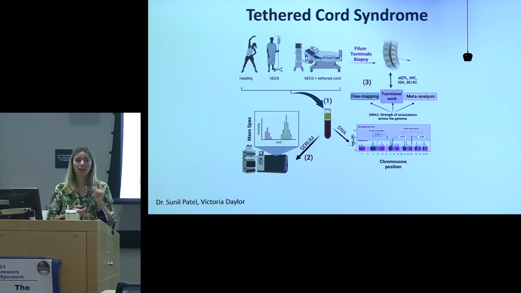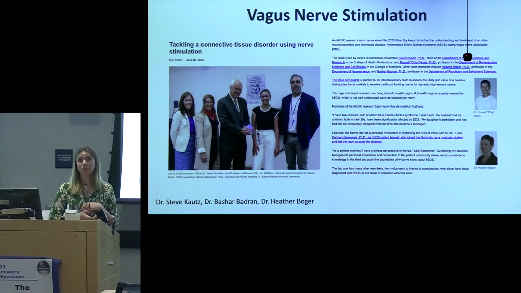The mouse one, I don't think we'd be able to find. And I don't know if it even goes all the way into the tail. I'm not sure how that works. So this is where having human subjects with EDS who are willing to be involved in research, they're already having tethered cord surgery, right? You're just saying, yeah, take my filum, use it for research, is really useful and impactful.